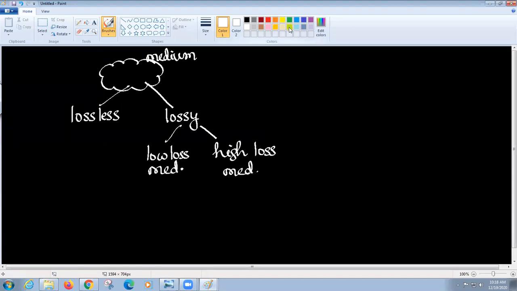Okay. Now you have loss tangent sigma by omega epsilon. You just tell me sigma by omega epsilon equal to what for lossless medium? 0, sir. Very good. 0. So sigma by omega epsilon is 0 for lossless.